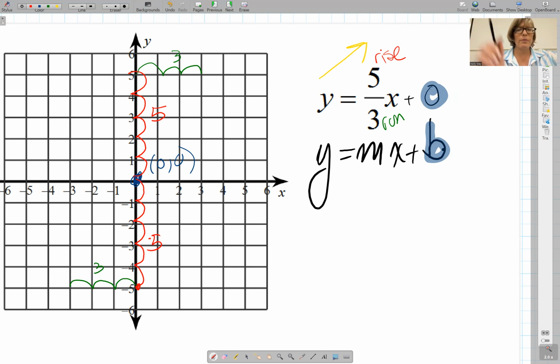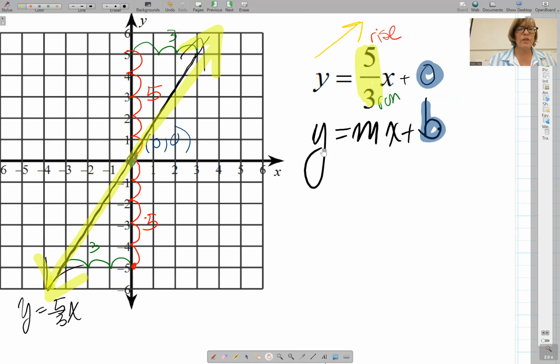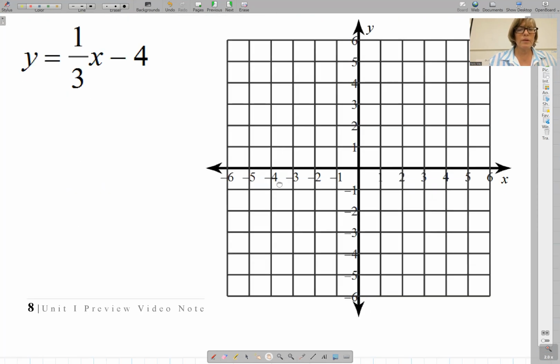Graph your line. Use a straight edge. Label it 5/3 x. And you can see it is a positive tilting line. Just kind of double check that. Positive, positive. Let's do another one.